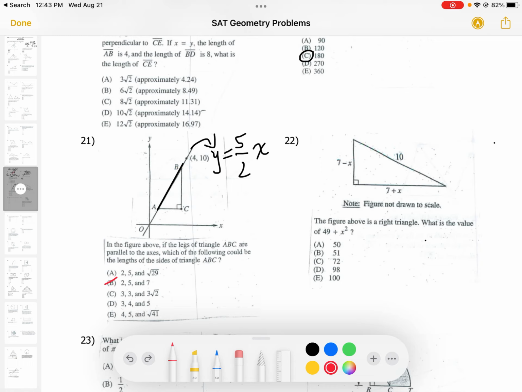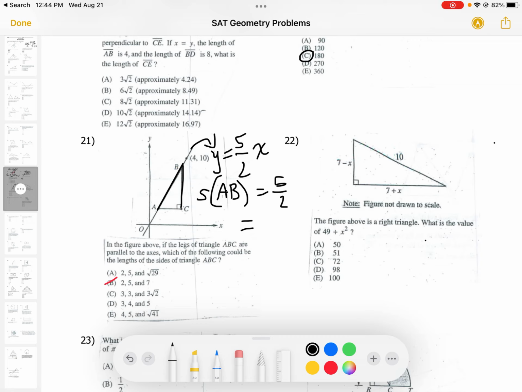But how would we calculate the slope of AB? Well, the slope of AB is just 5/2. I'm going to denote S for slope. But what is the slope of AB in terms of the other legs of the triangle? Well, we know slope is just rise over run. Here the rise part is BC, and the run part is AC.